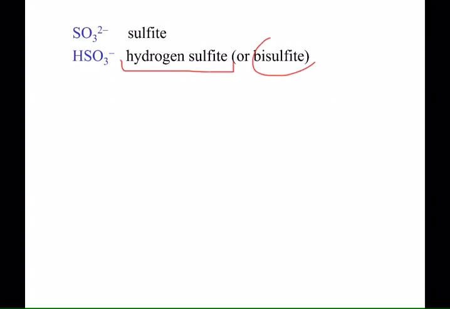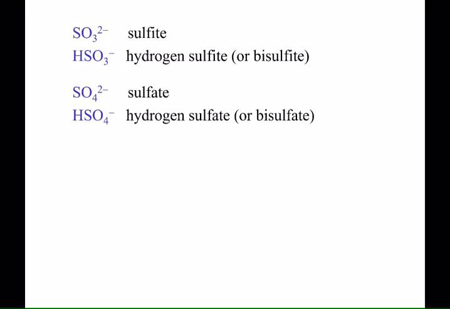You might have learned this as bisulfite. Sulfate does that too. SO4 2- is the polyatomic ion sulfate. We can kick in a hydrogen, and the charge goes from -2 to -1. Now it's got that hyphenated last name, hydrogen sulfate, otherwise known as bisulfate.